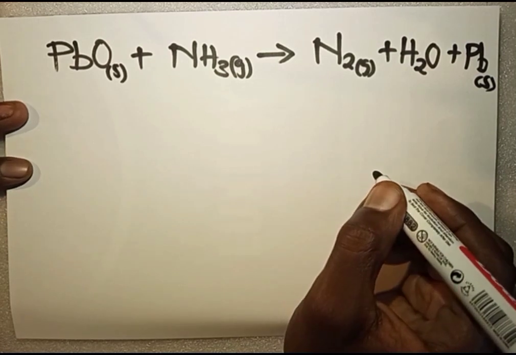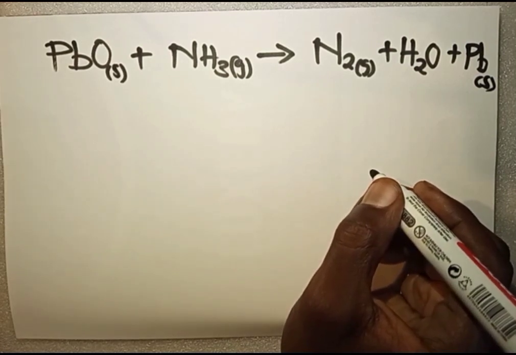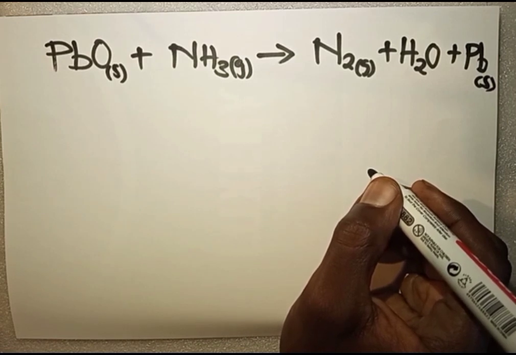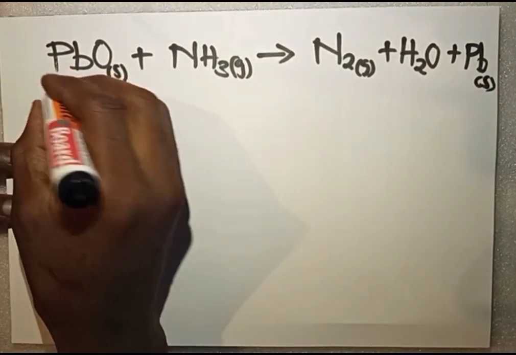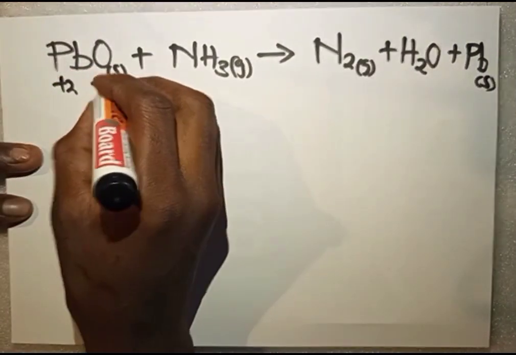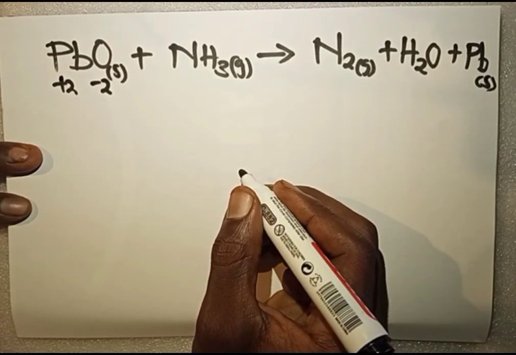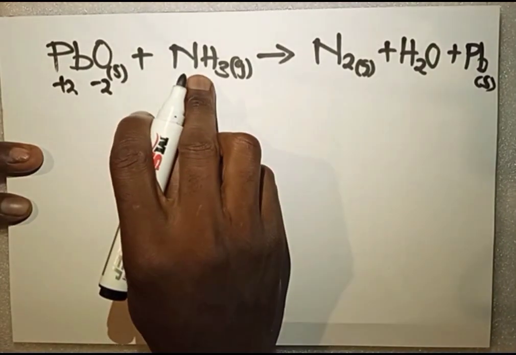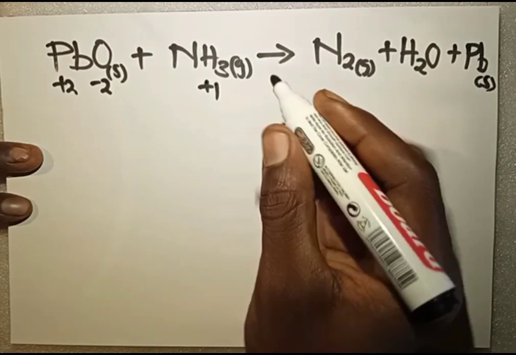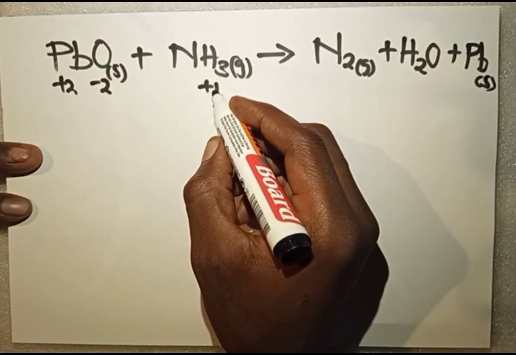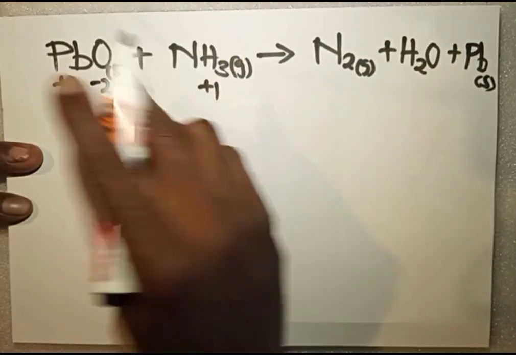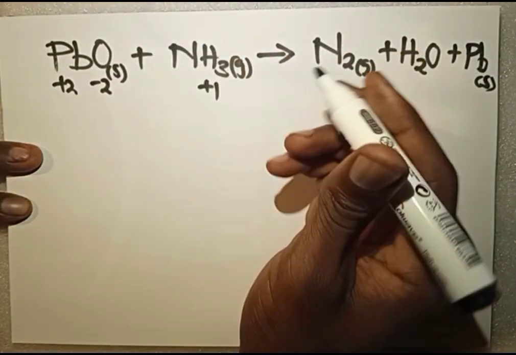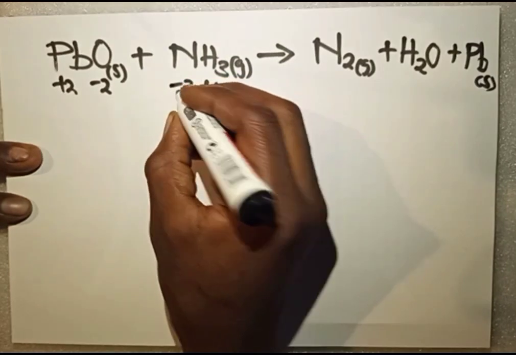So what follows now? Step 2, determine the oxidation states of all atoms in the reactants and products. In the reactants, here it is positive 2, here it is negative 2. You already know what to do. In this case, hydrogen is positive 1, so 3 times positive 1 is 3, and when it goes to the other side, it gives us negative 3.